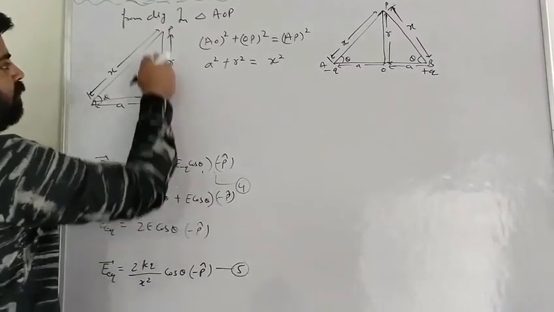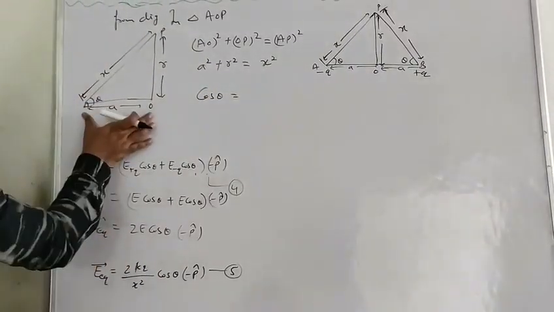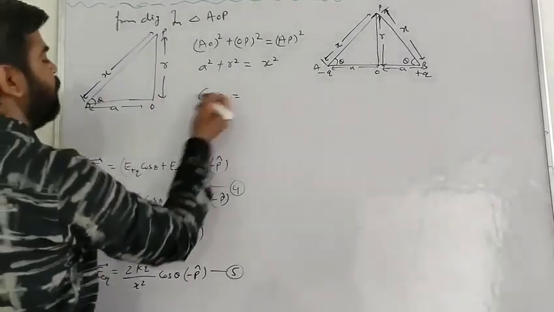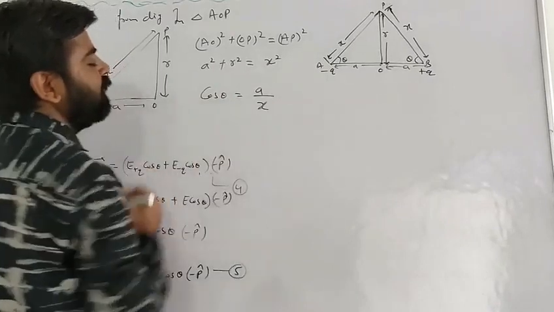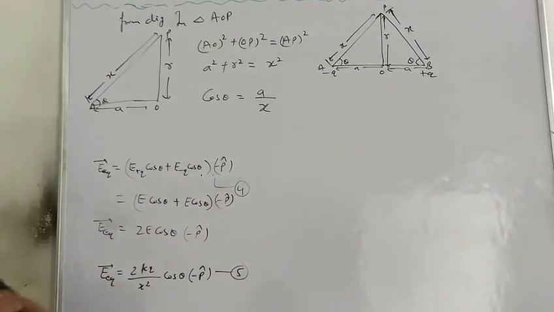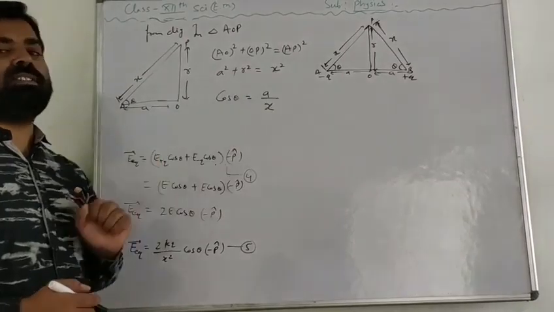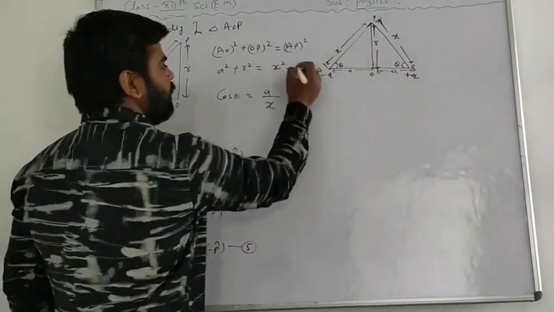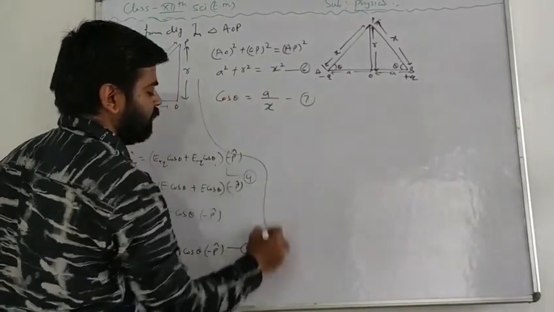And the same from the triangle, cos theta is equal to base upon hypotenuse. What is the base? Small a, and hypotenuse small x. But we have to convert small x in terms of small r. We use this equation. This is equation number 6 and this one is 7.